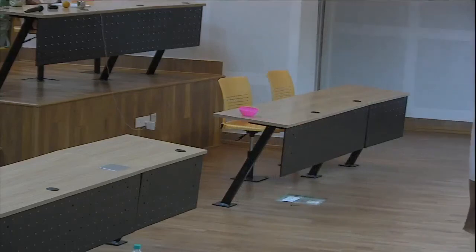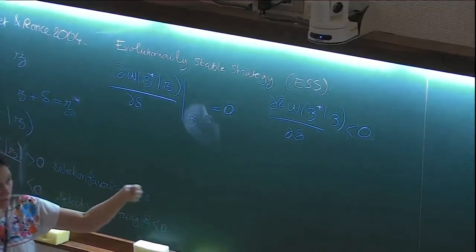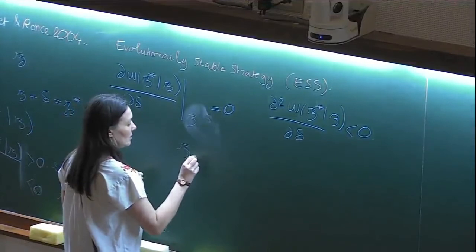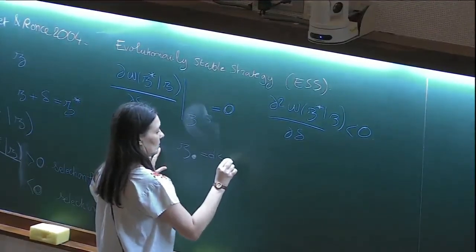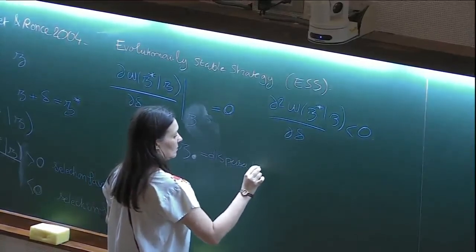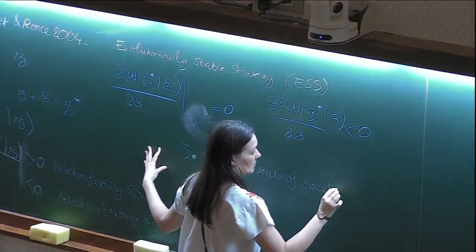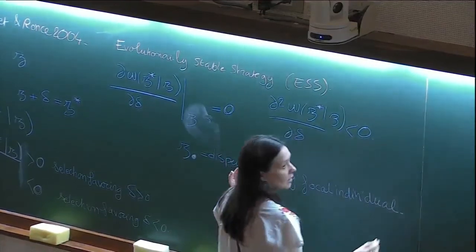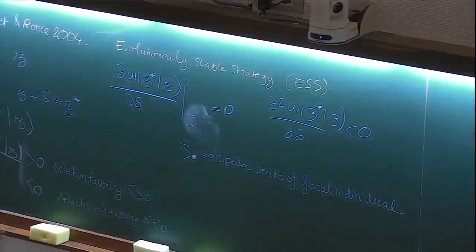What we're going to do is pick up a focal individual, and we will try to compute what is the expected number of surviving offspring of that individual. So we call Z dot, just for simplicity here, the dispersal rate is a fraction of your offspring you're going to disperse. Okay? Not what you do yourself, it's what your offspring do.